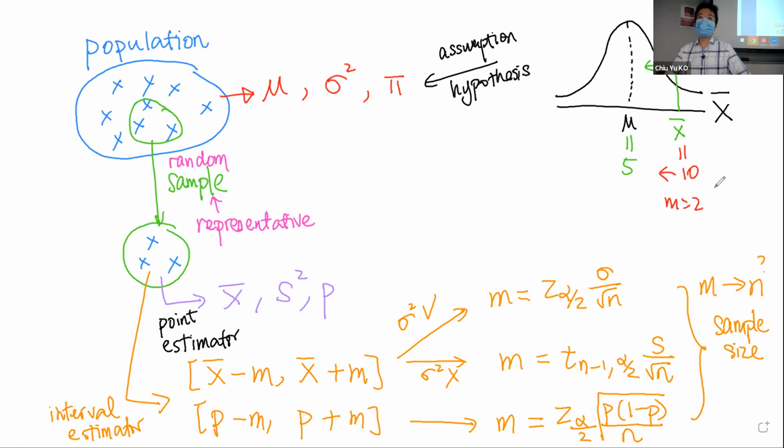Let me repeat once again. To give a simple idea, the interval estimator gives us the range of possible mu. Before we do it, we can say probability, but after we do it, it is confidence.